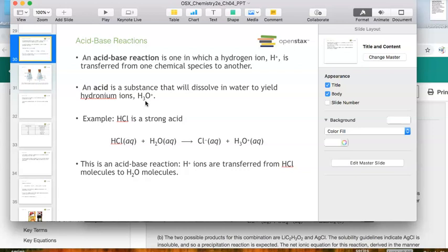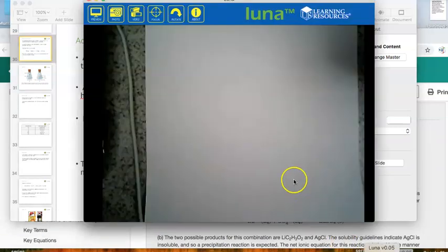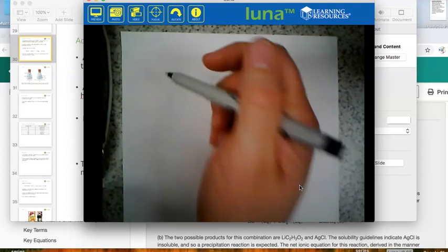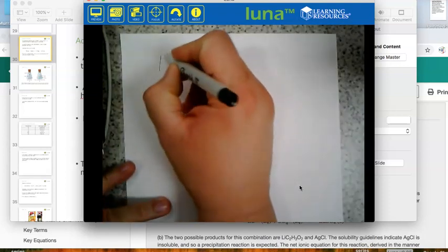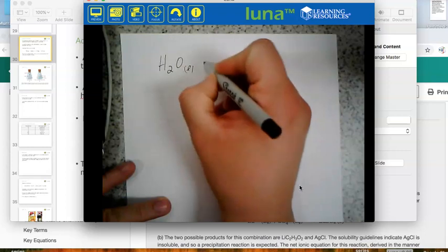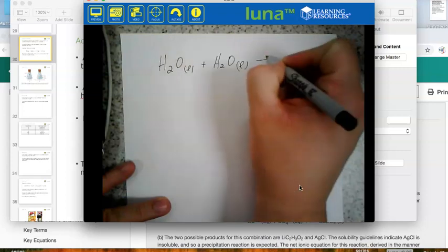As a little side note, I'm going to show you how that works. Now, this is at a very small amount. We won't really talk about Kw this semester, but next semester we will. I thought I might just give you an idea of what the hydronium ion really is. So we have liquid water that's able to react with itself.